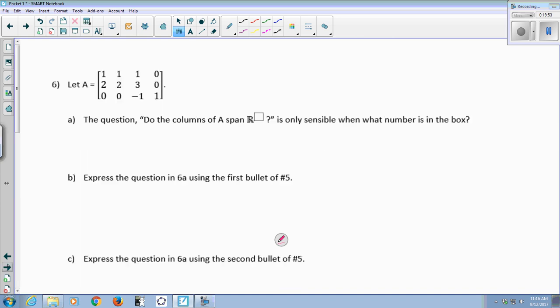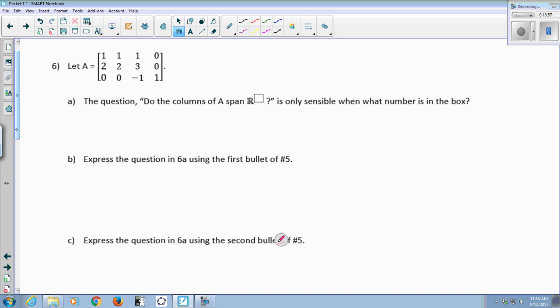Okay. So here's a matrix A. If I ask the question, do the columns of A span R what? The only sensible number to put in that box... if I'm looking at the columns of A, think of those as separate entities.